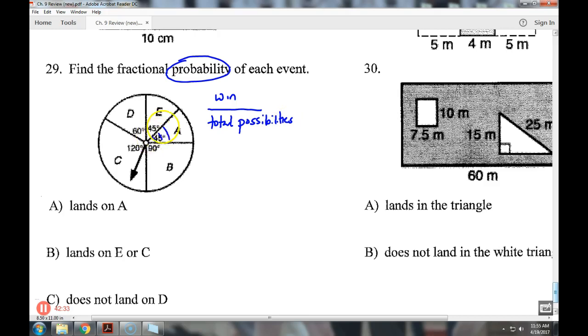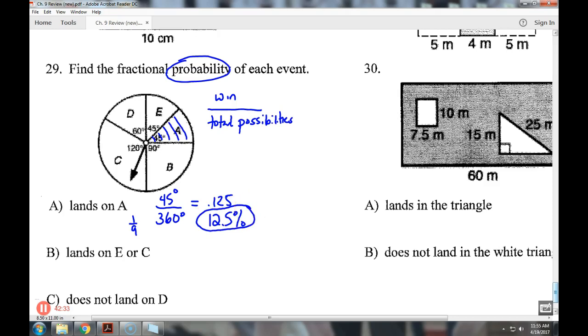Well, to win, I've got to land right there. So it looks like 45 degrees I can win out of a possible 360. I could reduce that if I wanted to. I know that's 1/9, but I'm going to go ahead and divide it out. 45 divided by 360 is 0.125 or 12.5% chance of winning. So not very good.